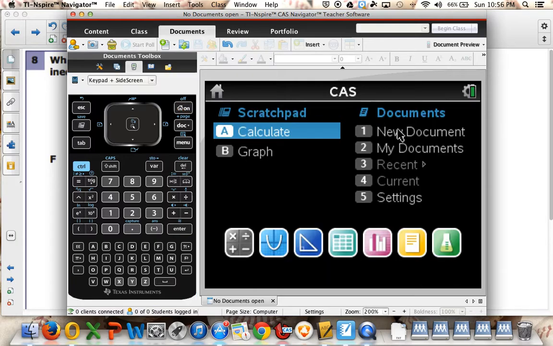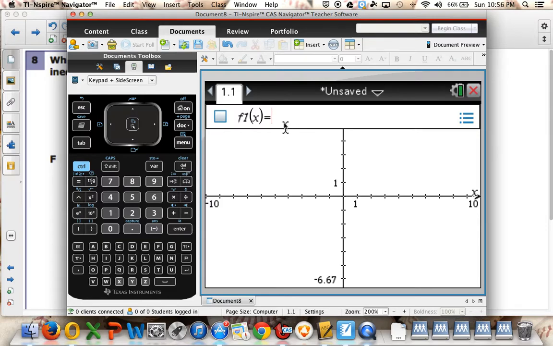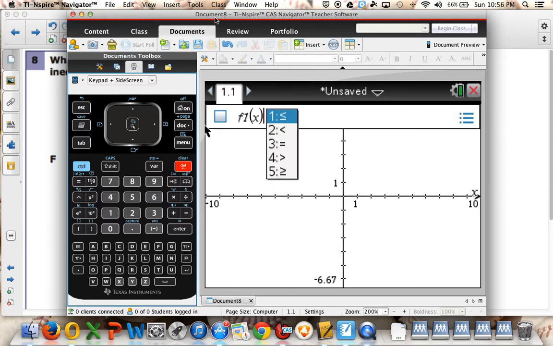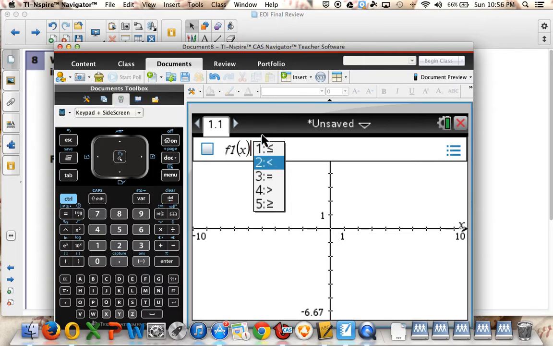On new document, add graphs, and I'm going to see, this is y is less than.